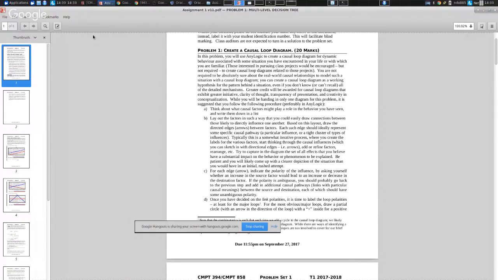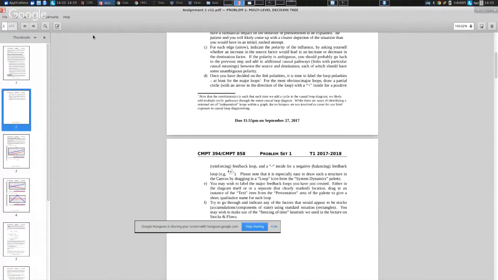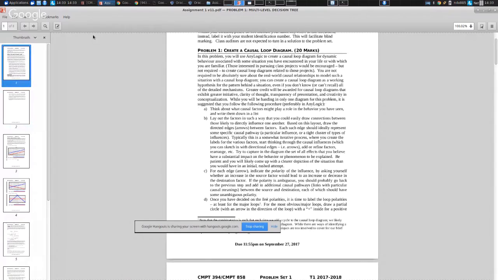What I'm looking for here is to have a diagram that has a certain amount of richness to it. I give some suggestions for what's being sought in terms of the particulars of the diagram. I'm hoping that you could create a diagram that is somewhat more than 3 or 4 different variables.